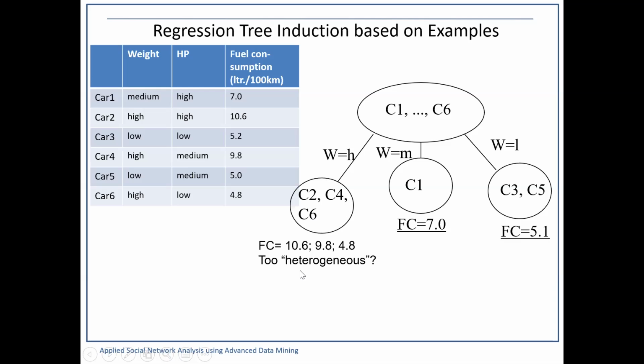The question here is, are the fuel consumptions we observe here too heterogeneous? We need to define some criterion to say we stay with this variance we observe, as was the case here, where variance is very low. The question is whether it's acceptable or not.